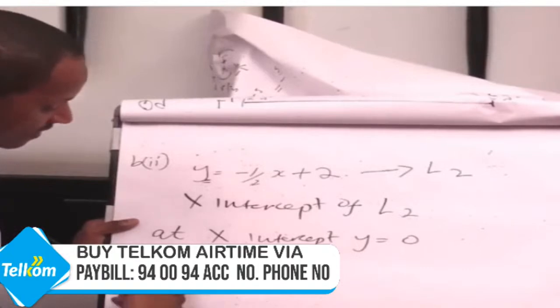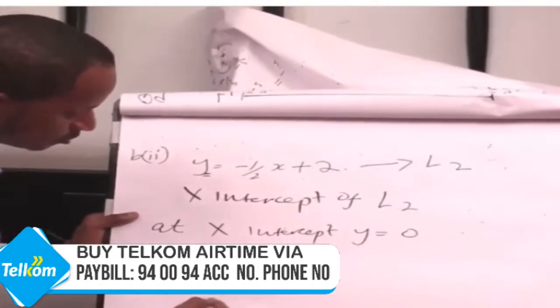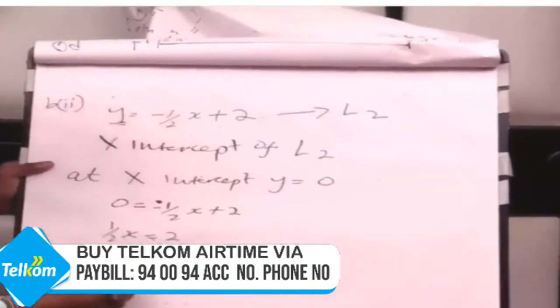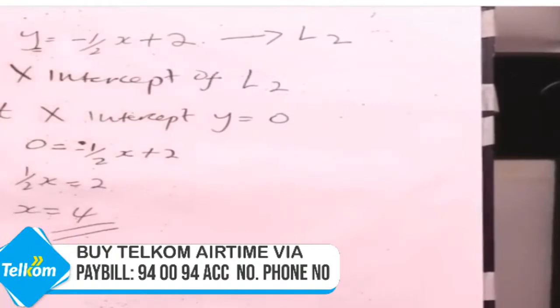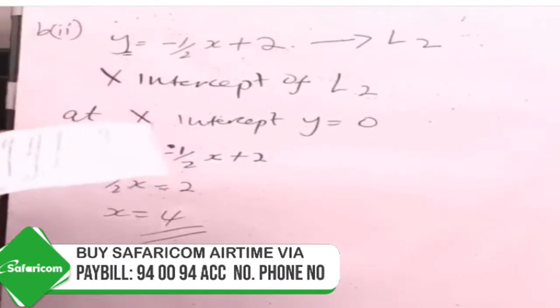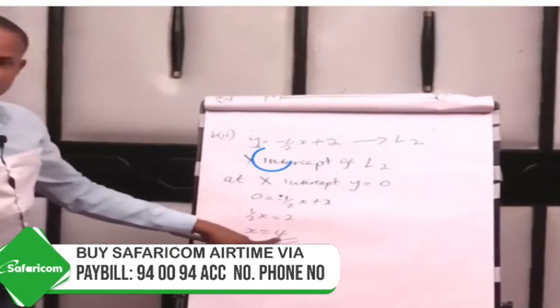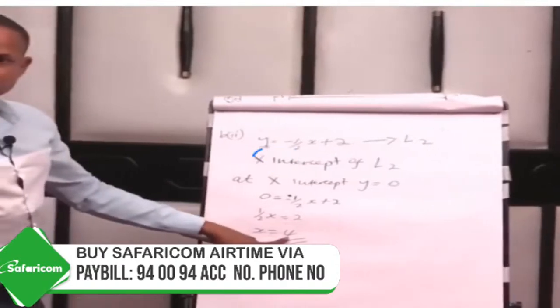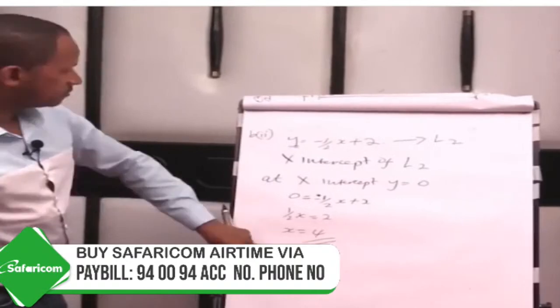So when minus a half comes to this side, it becomes a half x, positive. A half x equals 2. Therefore, x equals 4. So easy. So the x-intercept of L2 is 4, when y equals 0.